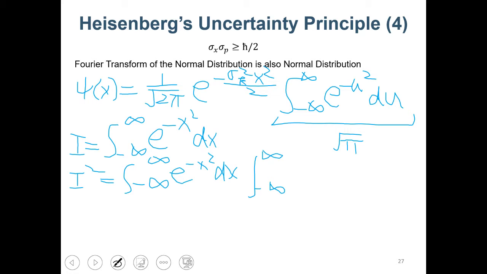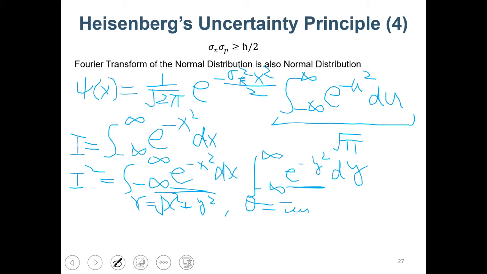We calculate the square of this integral, and then we combine them together, and then we change it to polar coordinates. So we have r equals square root of x squared plus y squared, and theta equals arctangent y over x.